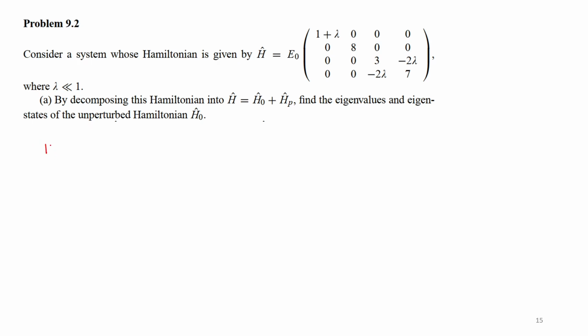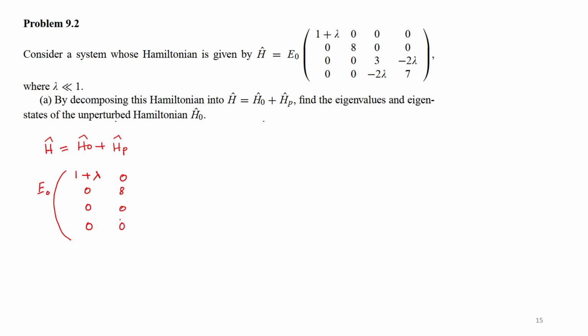So we can write this, right? This is the unperturbed part, this is the perturbed part, and your H is already given. It is given as E0 times the matrix with 1 plus lambda, then in this column there is nothing, then this is 8.